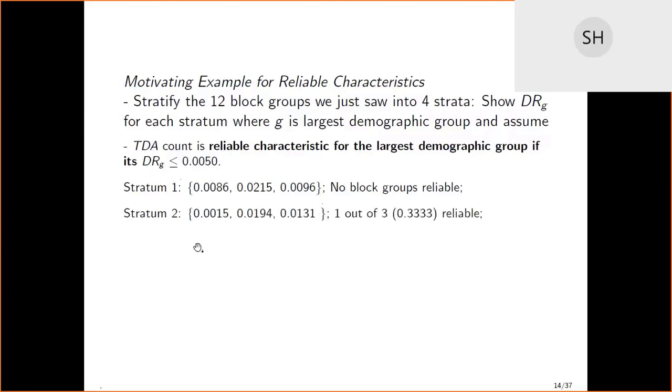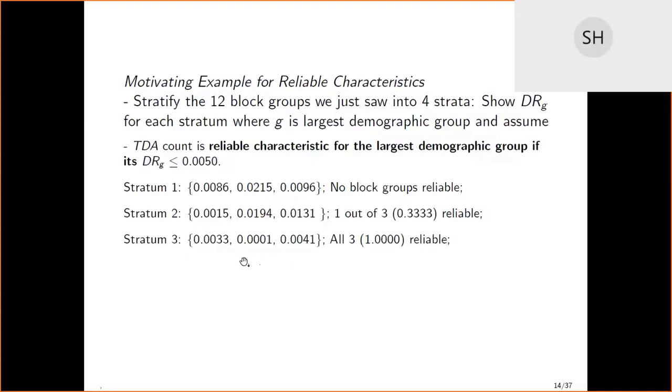If you look in stratum 2, the values for the difference in ratios are 0.0015, 0.0194, 0.0131, and only one, which is this one, happens to be smaller than the criterion which we have set for reliability. So 1 out of 3 reliable.